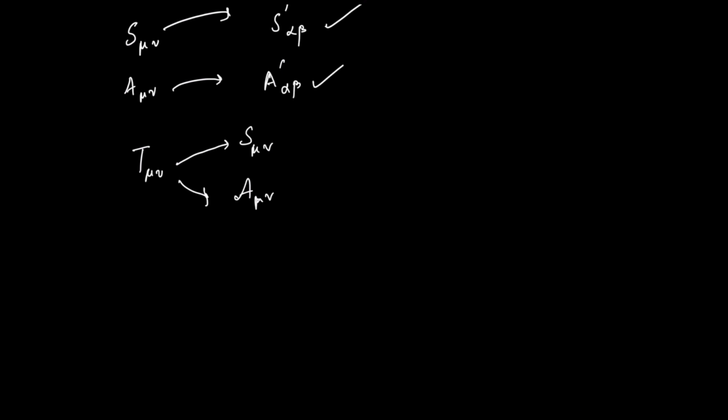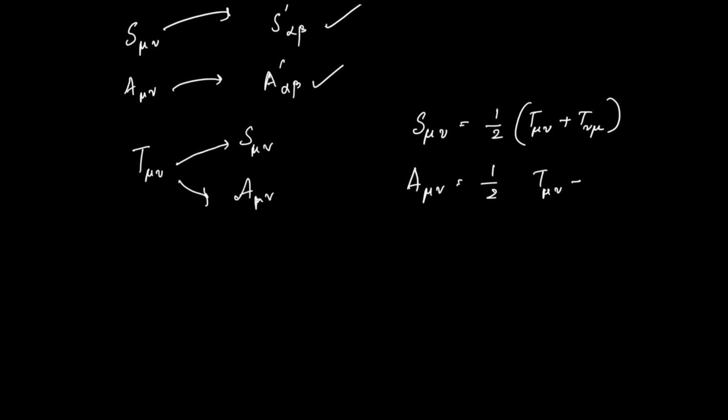So the tensors S mu nu and A mu nu are uniquely determined as S mu nu is equal to half of T mu nu plus T nu mu, and the antisymmetric tensor can be written as half of T mu nu minus T nu mu.